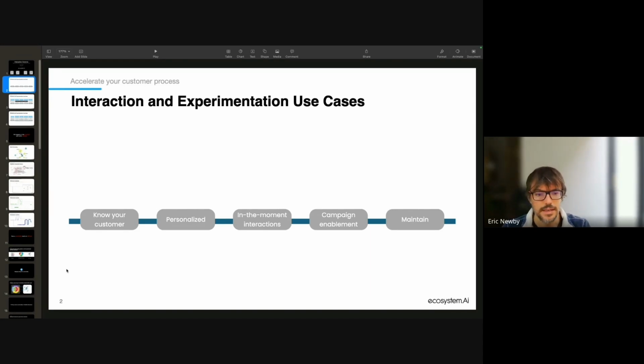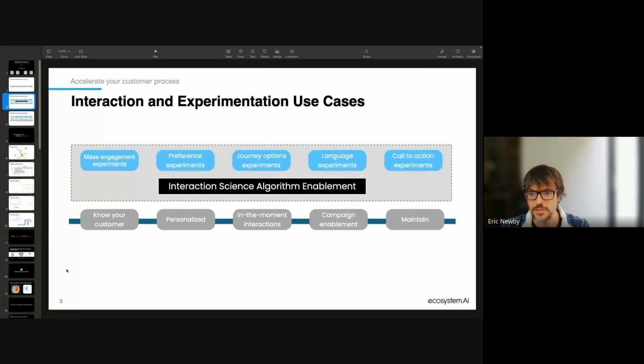That can happen in the context of knowing your customer, personalizing your interactions with them, making sure that your interactions are in the moment, so that you take into account their context, situation, and social state at that point in time, enabling campaigns, and then maintaining your existing relationships with them.